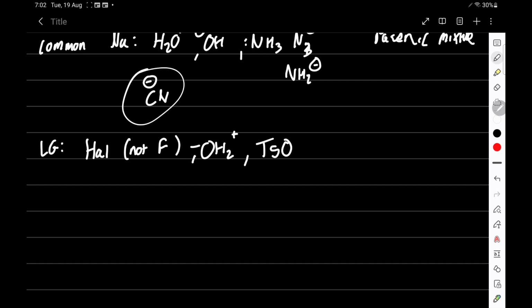Leaving groups are good if they are stable, and the structure of the tosylate allows for the negative charge to be delocalized throughout the whole molecule, giving it stability that it wouldn't otherwise have.